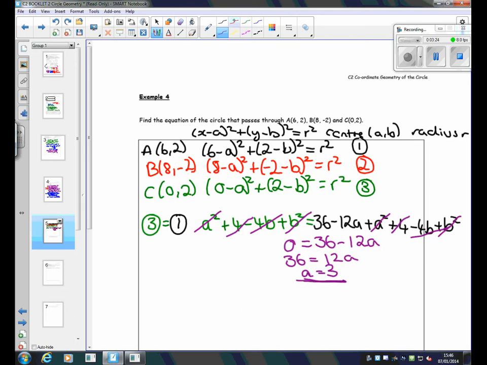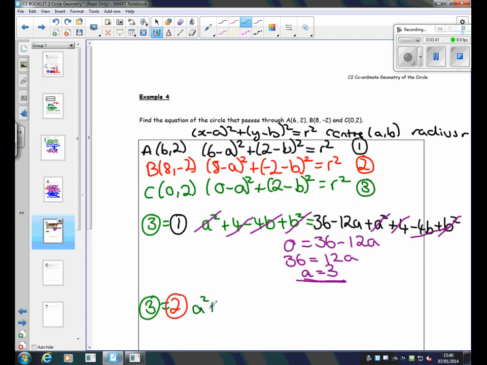Okay. Now, setting equation 3 equal to equation 2, we have the same things we had last time.